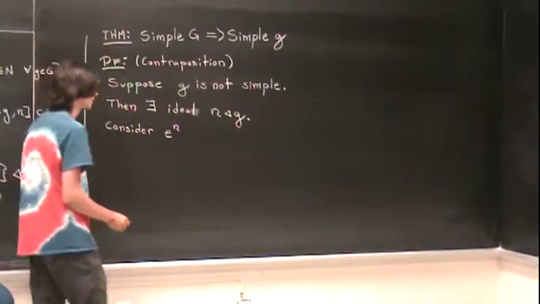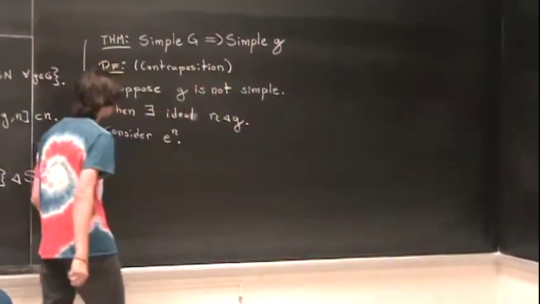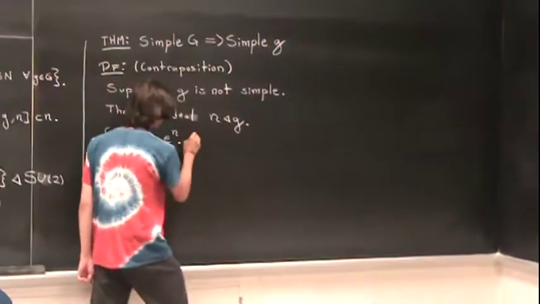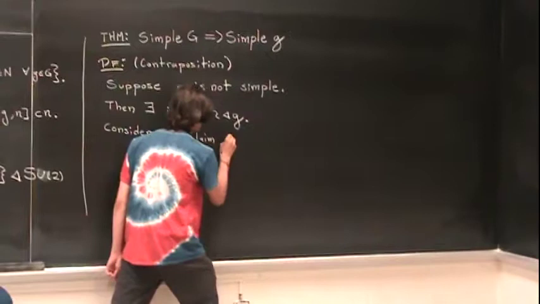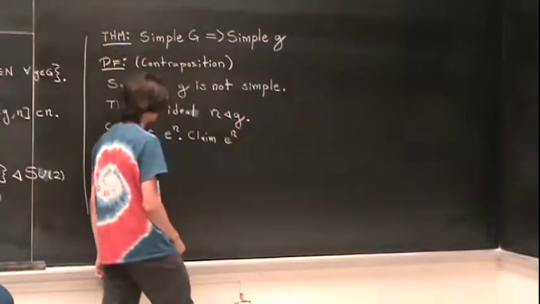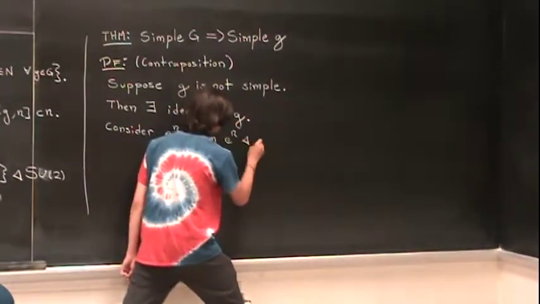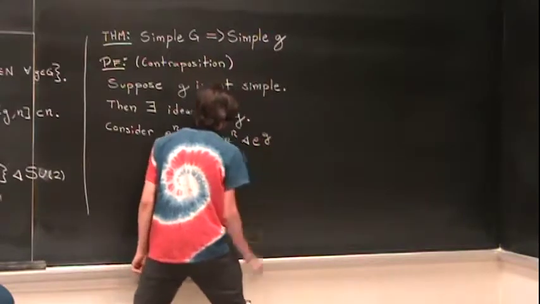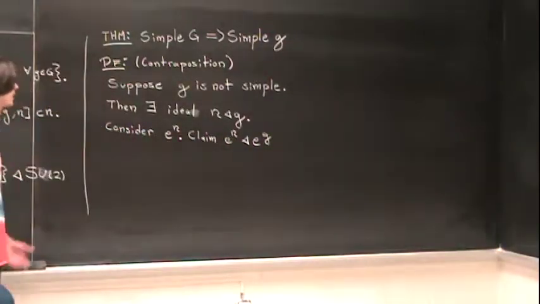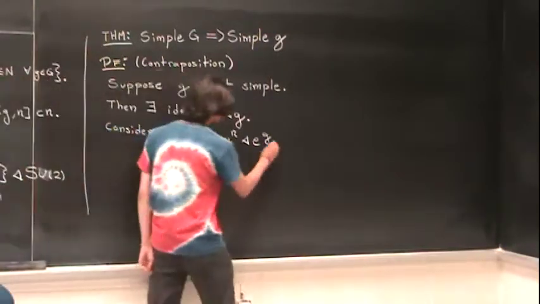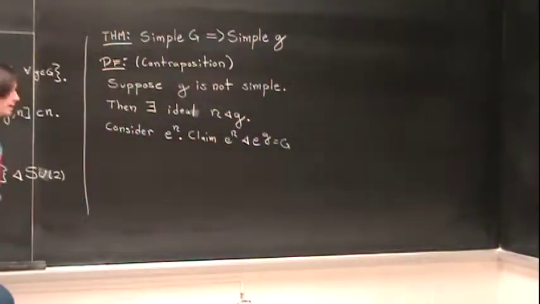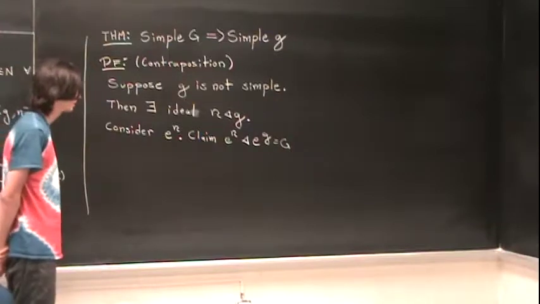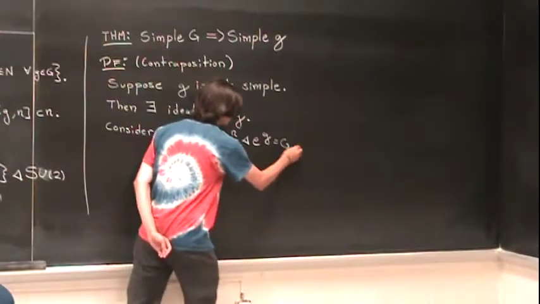What we want to show, so the claim, is that e to the little n is going to be a normal subgroup of e to the little g, i.e. big G. How do we show this?